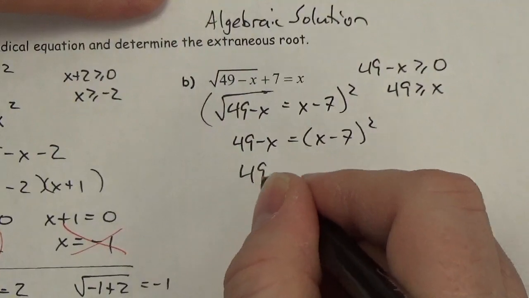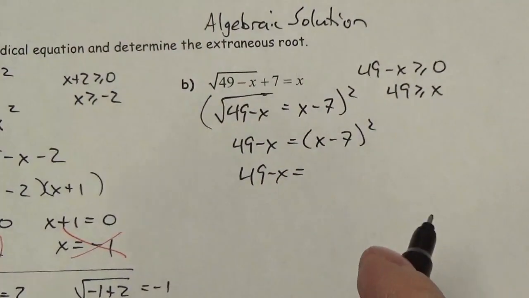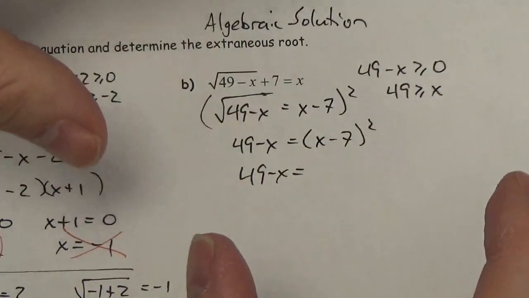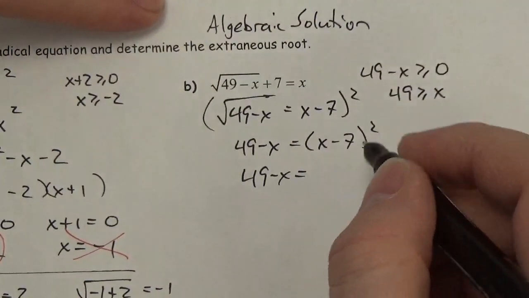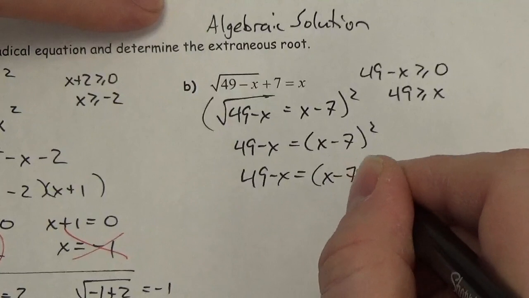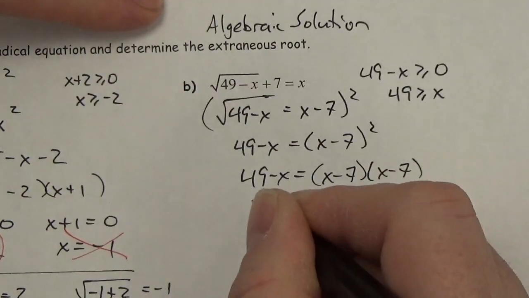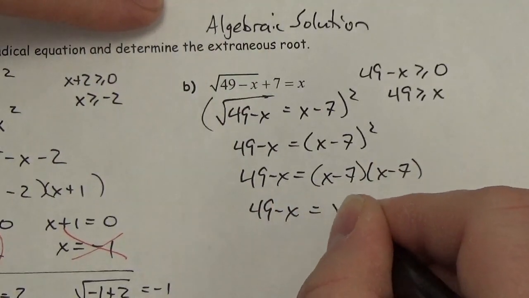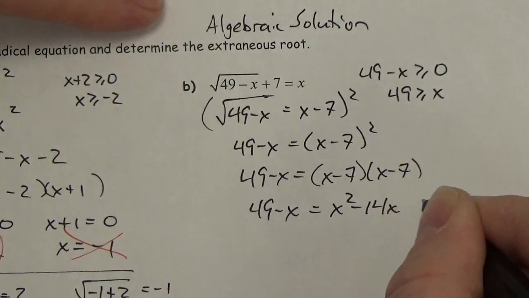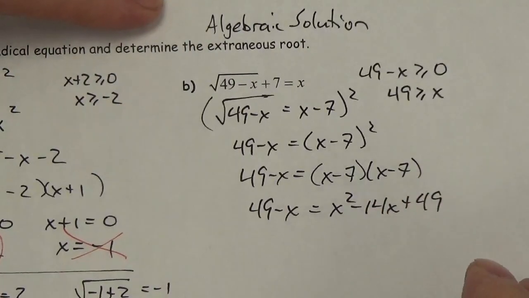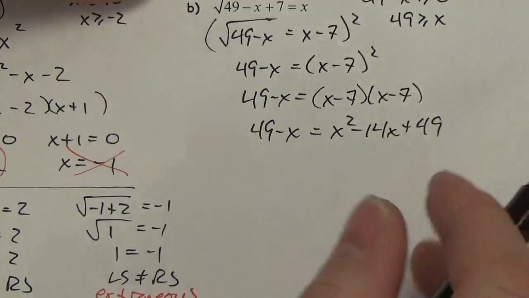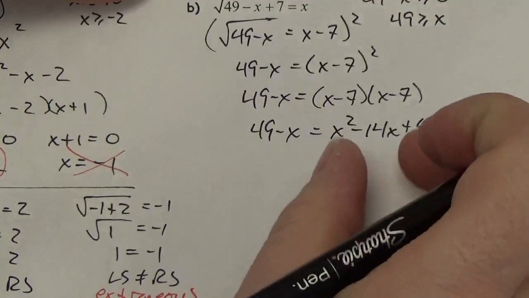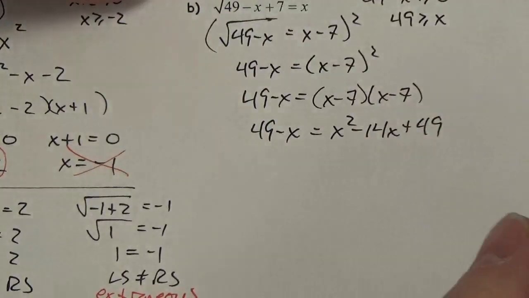And when I do this, oh boy, while you're focused on the radical, don't forget that when you square a binomial, this is like x minus 7 times x minus 7. And so when you do this, you should be getting x squared minus 14x plus 49. I should be distributing both terms to both terms. I should be getting an intermediate term here, a linear term.